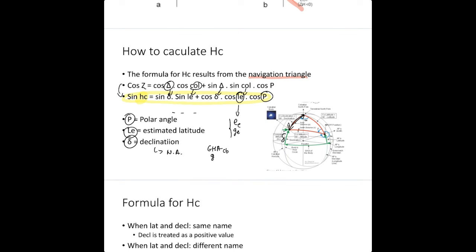Then we add or subtract the longitude in order to get the local hour angle, and then the local hour angle we transform into P. If LHA is bigger than 180, we know that the polar angle is east. If LHA is smaller than 180 degrees, we know that polar angle is west. And if LHA is bigger than 180 degrees, polar angle is 360 minus LHA. But these are things that you should all know by now.